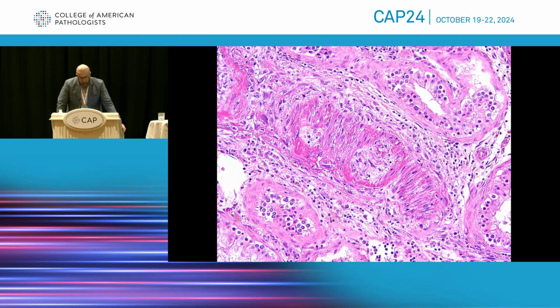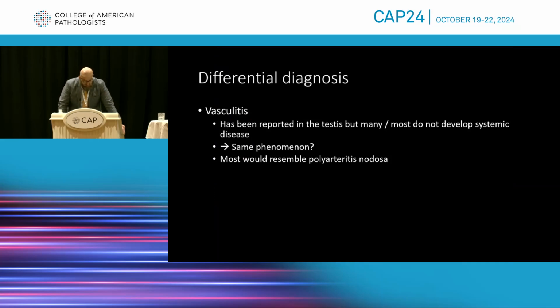And for comparison, they looked at cases of classic torsion where the clinical impression was torsion and the testis was entirely infarcted. And they also found fibrinoid necrosis like this in cases of classic torsion, suggesting that it is possible to develop this appearance of fibrinoid necrosis that's not necessarily true systemic vasculitis.